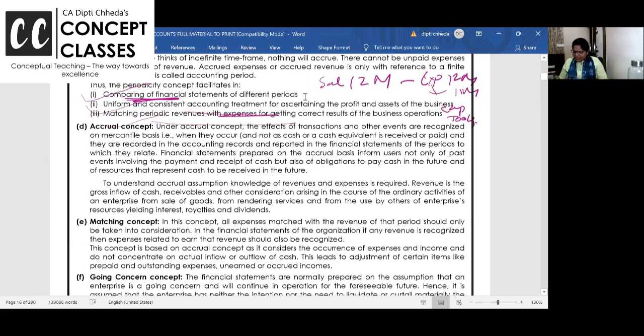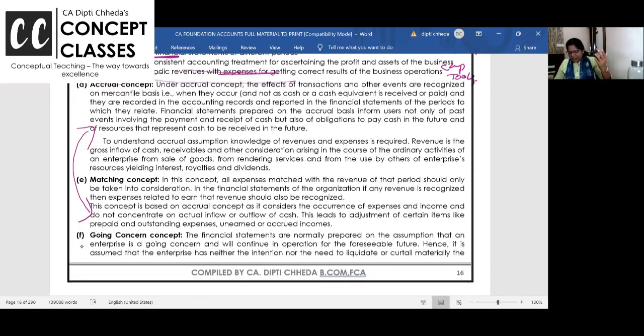Next, now we will watch the accrual concept. Accrual and matching concept are used so much in inter also. So first we will do matching, then I'll go in reverse to the accrual concept. The matching principle says your expense and income for the year should match. Listen to my dialogue.